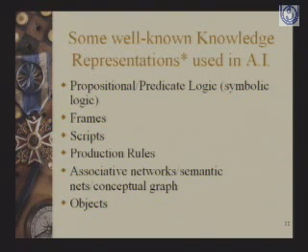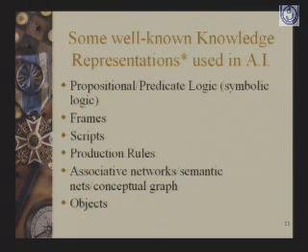Now we discuss some of the well-known knowledge representations used in artificial intelligence. The first is propositional and predicate logic. The second is frames. Third is scripts, fourth is production rules, fifth is associative networks or semantic nets, and finally objects.